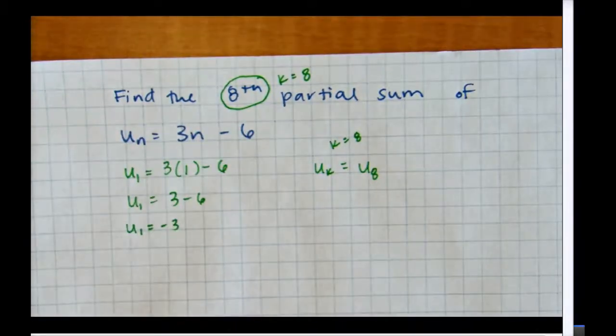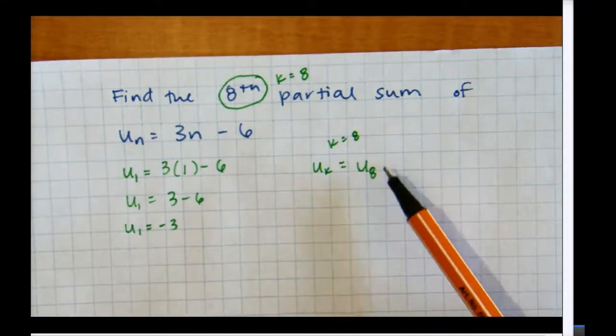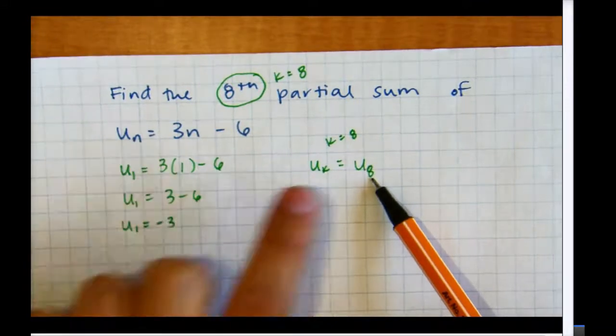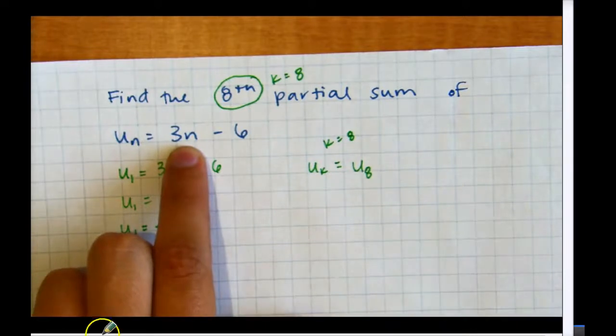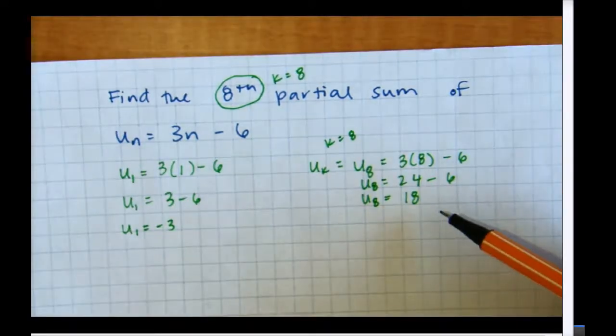Okay, now I've got my first term. I can do the same thing with u sub 8. Go ahead and find u sub 8 on your own. Great. You should end up with u sub 8 is equal to 18.